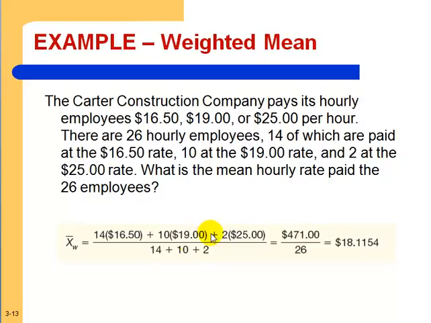Then we divide by the number of values, so 471 divided by 26. That is the number we get for the weighted mean. That means on average the people at this company are paid about $18 per hour.